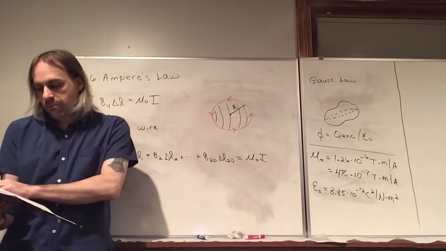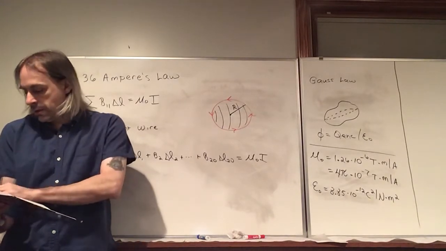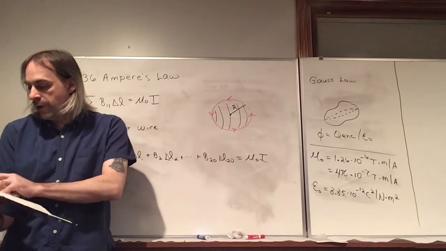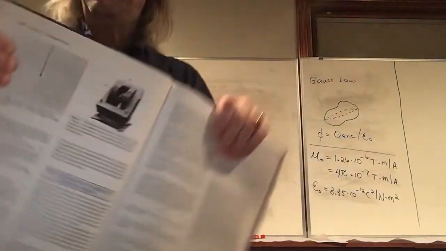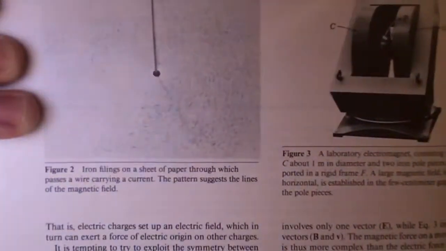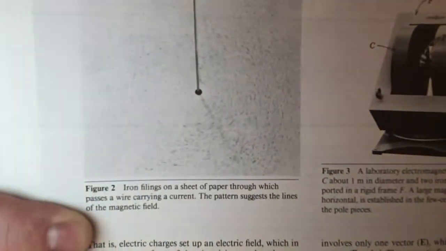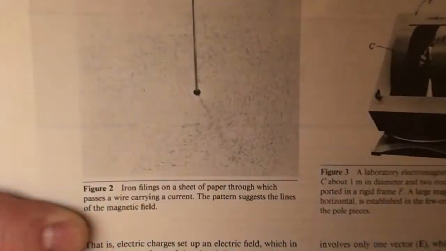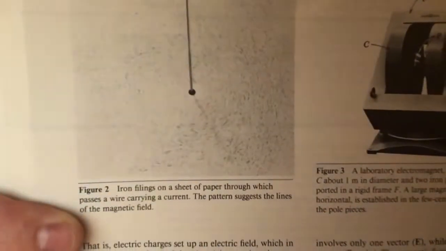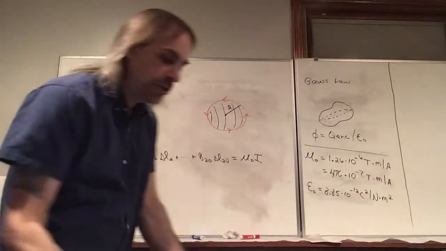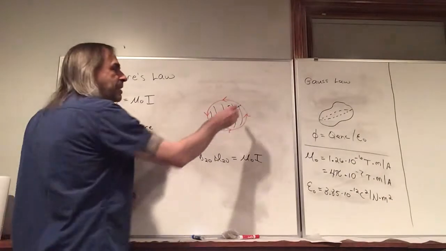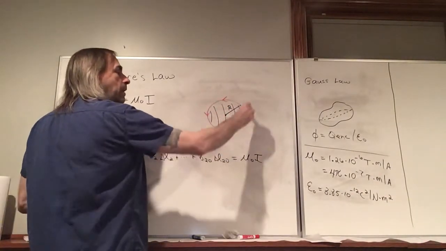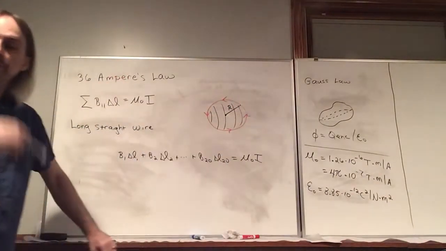These iron filings line up with the magnetic field. I'll hold this up to the board. I don't know if you'll be able to see it too clearly, but I like being able to see a real picture. You can see they do actually form circles, particularly near the wire. So it is possible to actually take pictures of magnetic fields. The iron filing is one way to do it. So we'll just take it as an experimental fact that the magnetic field line circles around.